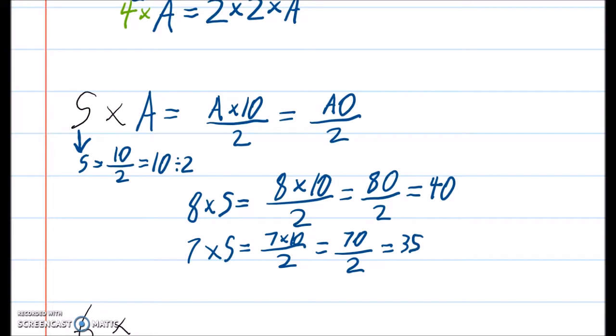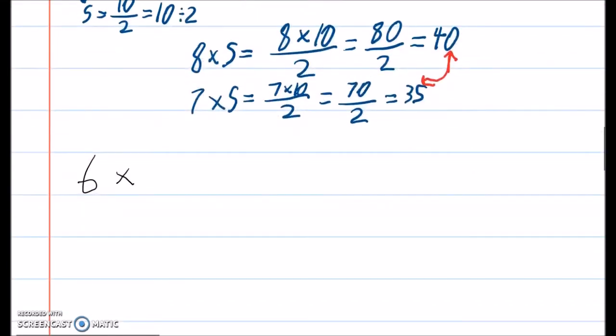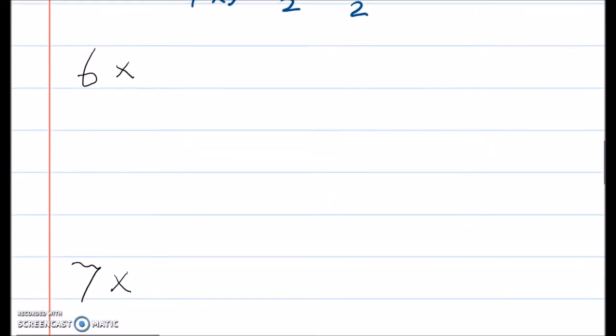It'll be 35 instead. So another thing to notice is 5 times any number will always give you a number that ends with a 0 or ends with a 5. Another nice thing to notice. Okay, 5 times anything, no problem. You guys all have it now.